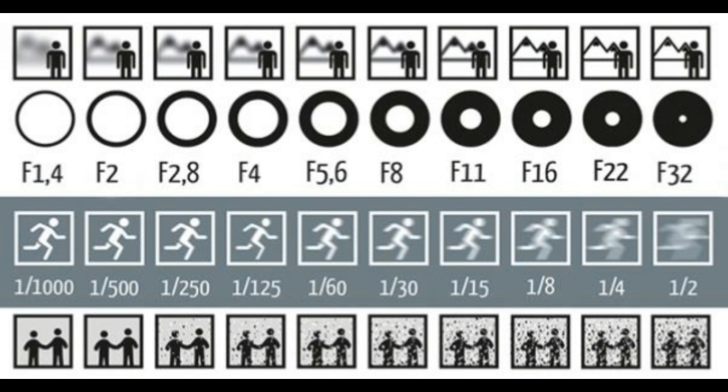You can see the behavior of the aperture. The aperture hole is very small. F32 means the aperture is very small. In this case the amount of light coming into the camera sensor is very low, so you have to get enough light to have the picture. What you have to do is reduce your shutter speed.